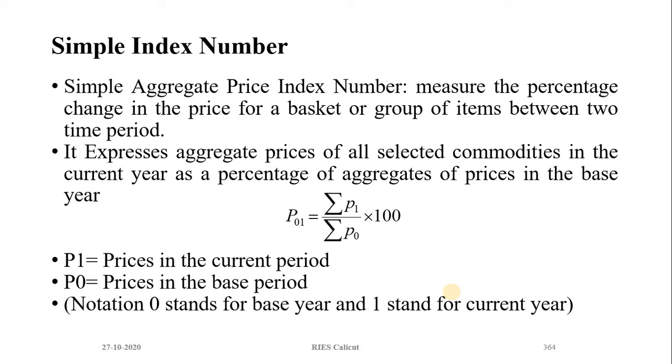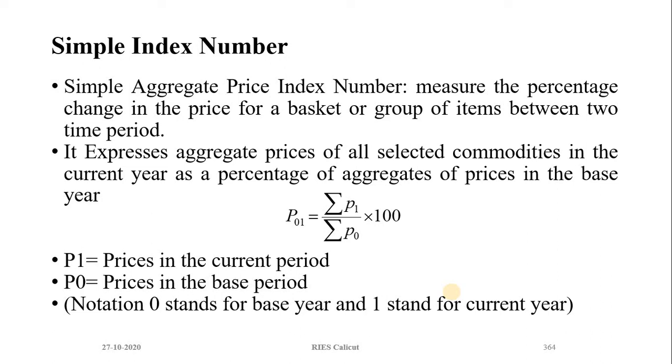So here in the simple aggregate price index number, we are expressing the aggregate prices of all commodities in the current year as a percentage of the aggregate prices in the base period. Okay. So it is nothing but P01. In the index number, 1 means current period and 0 means base period.